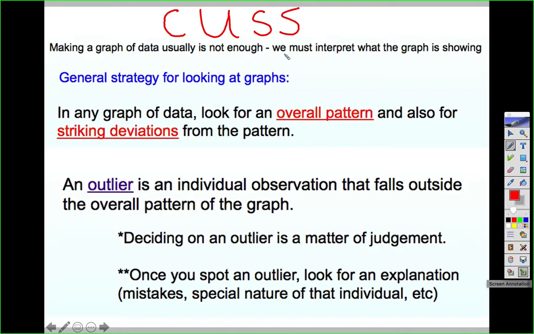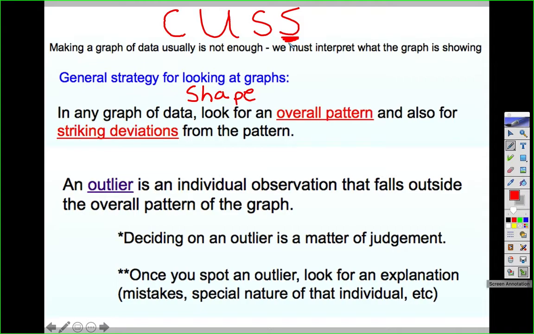We look for the CUSS of a graph. So what we're going to do is we're going to develop what each one of these letters means in this chapter. But for right now, we are going to look at the overall shape of a graph. So one of the letters in CUSS stands for shape. One of the S's is for shape.